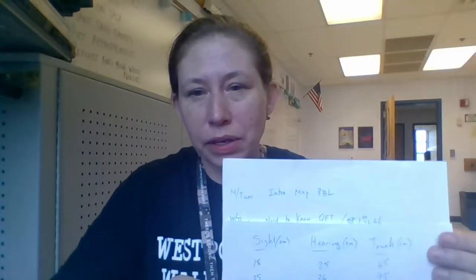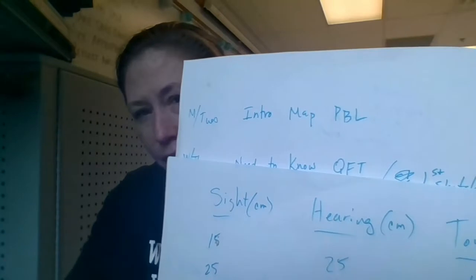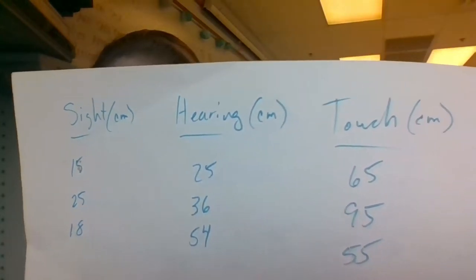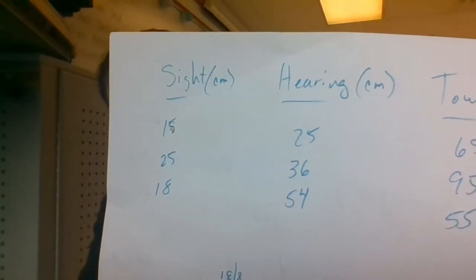I really want you to remember with the independent variable and the dependent variable, the one way that I have to remember it is a dependent variable. D stands for data table. So when you're thinking about that lab that we did today, you're thinking about how you collected data on sight, hearing, and touch, and you put it into a data table.